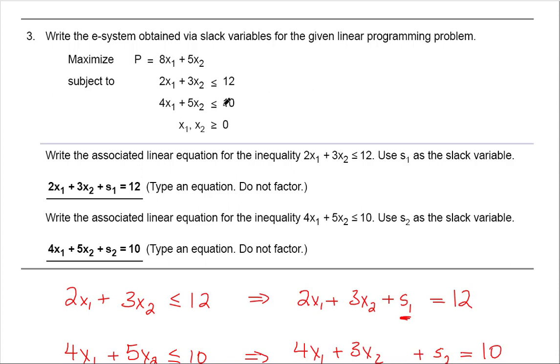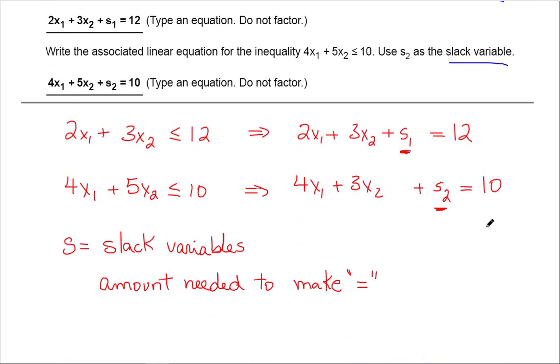Well, we take each one of these and we introduce something called a slack variable. Now what this slack variable does is the following. We have 2x1 plus 3x2. This is less than or equal to 12, so it's smaller. So if it's smaller, if I add something to this, I should be able to bring the amount up to 12.